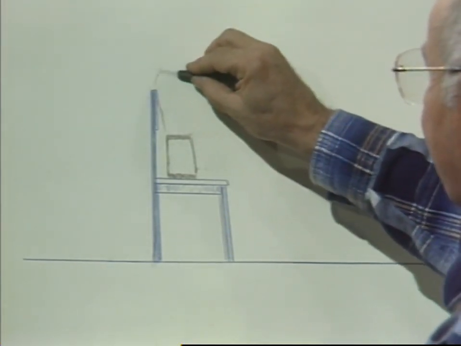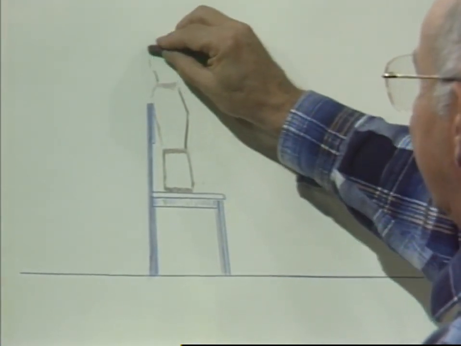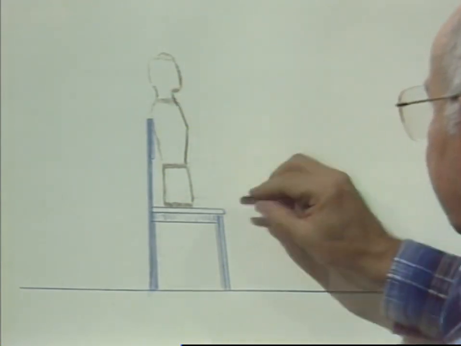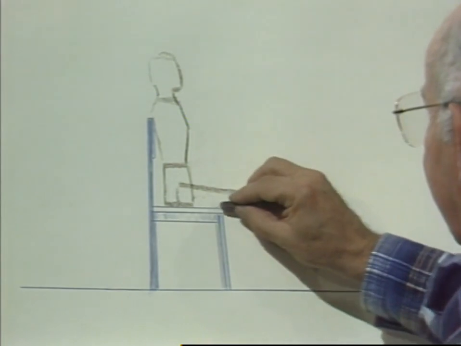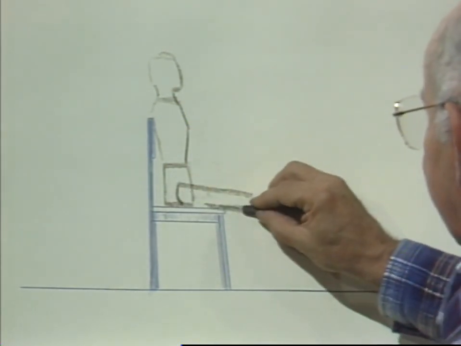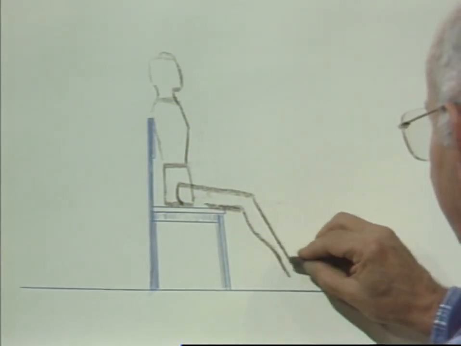Then you can draw the rib cage and suggest the head. Now come down here and you have the upper leg. Upper leg, side view. Lower leg, side view.